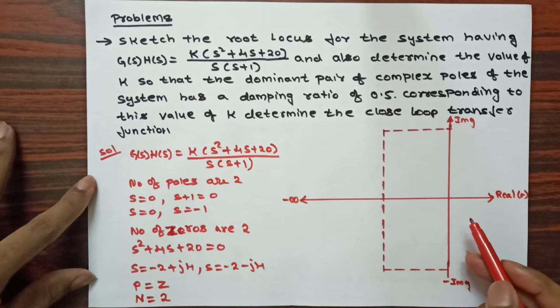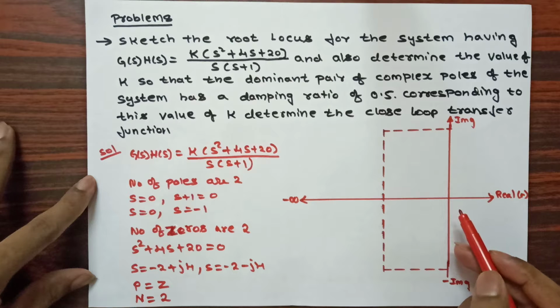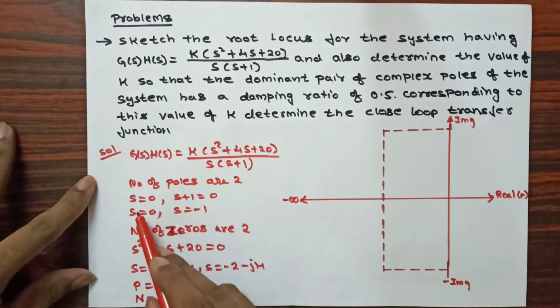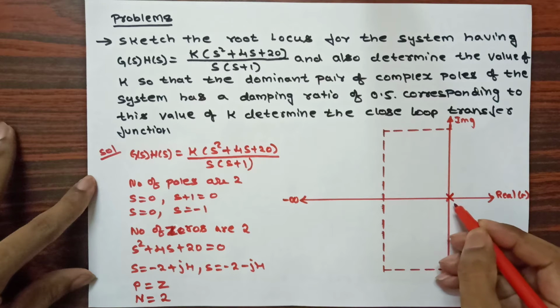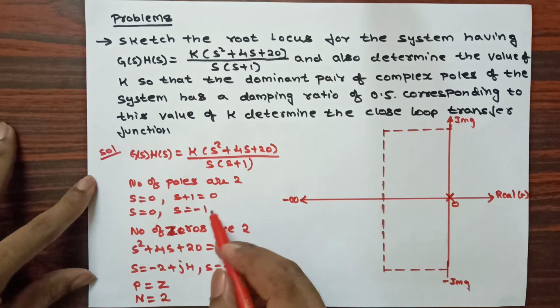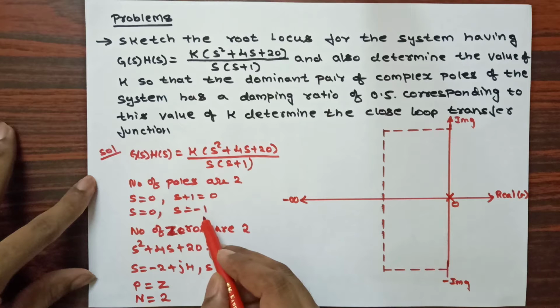On this I am going to locate the poles and zeros. As we know, the pole location is s is equal to 0, that is at the origin, and the second pole s is equal to minus 1.